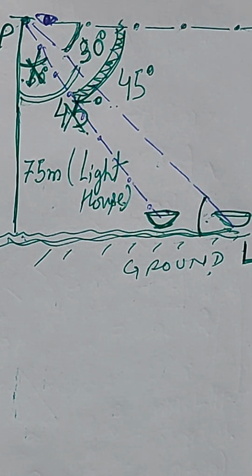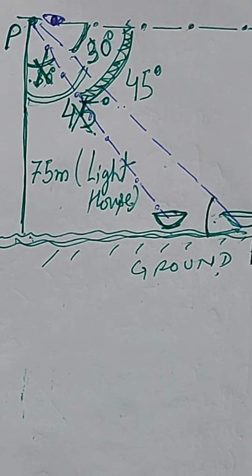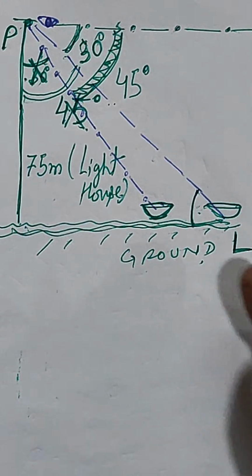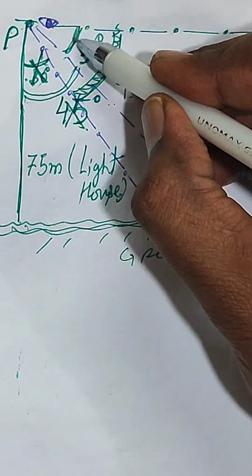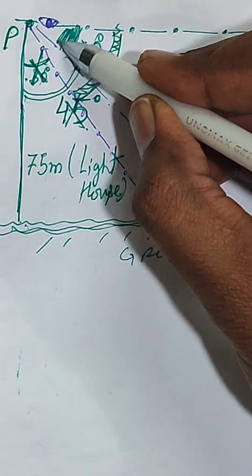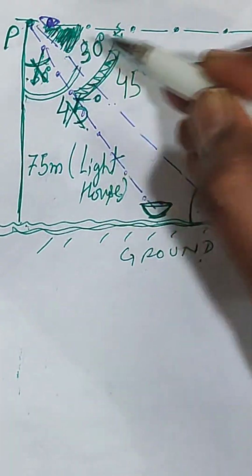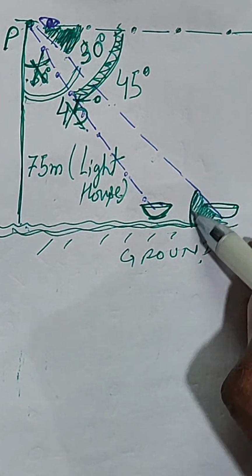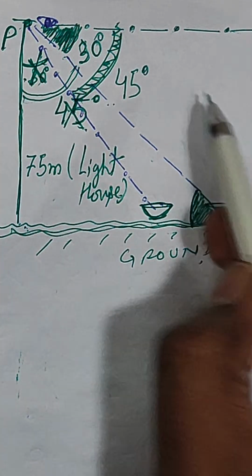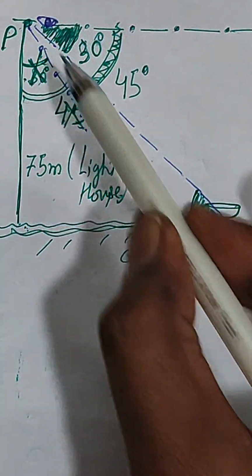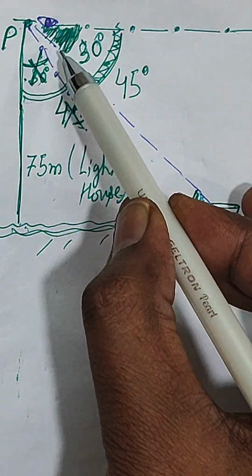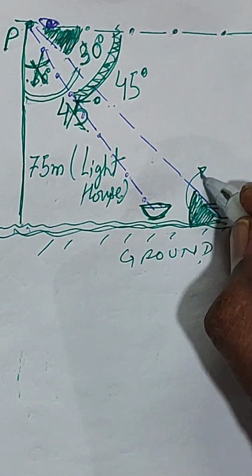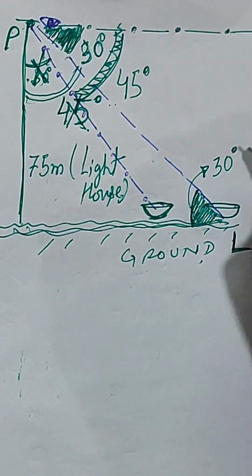If LP is the transversal, then definitely this angle 30 degree will be equal to this angle 30 degree. Alternate angle, isn't it? Two parallel lines, this transversal, right? So this angle will be equal to 30 degree.